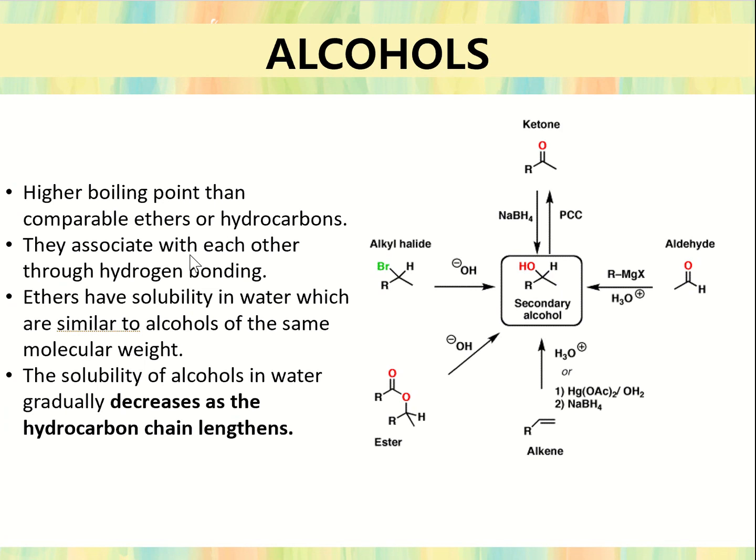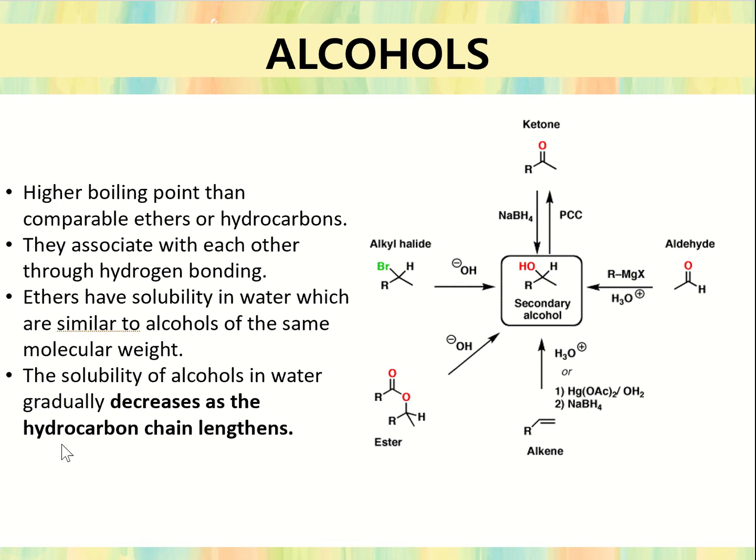They associate with each other through hydrogen bonding. Ethers have solubility in water similar to alcohols of the same molecular weight. And the solubility of alcohols in water gradually decreases as the hydrocarbon chain lengthens. That should make sense as well: as we increase the carbon, we decrease the water solubility. So we know that already.